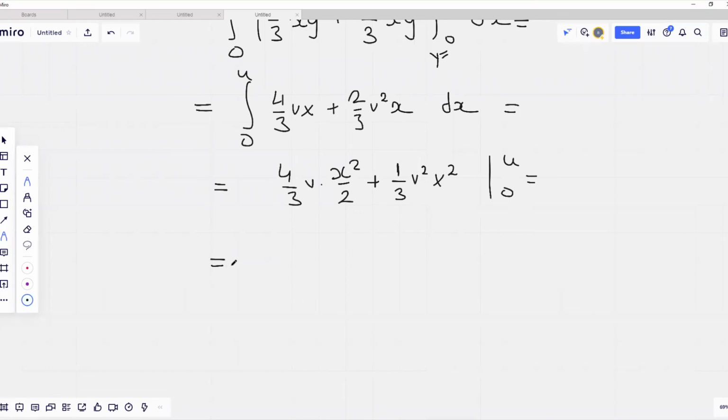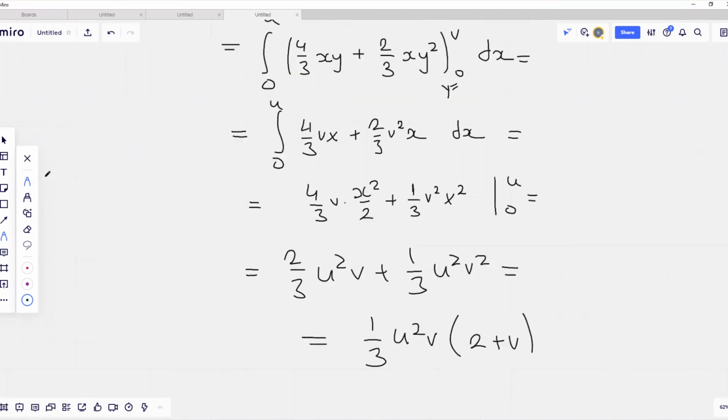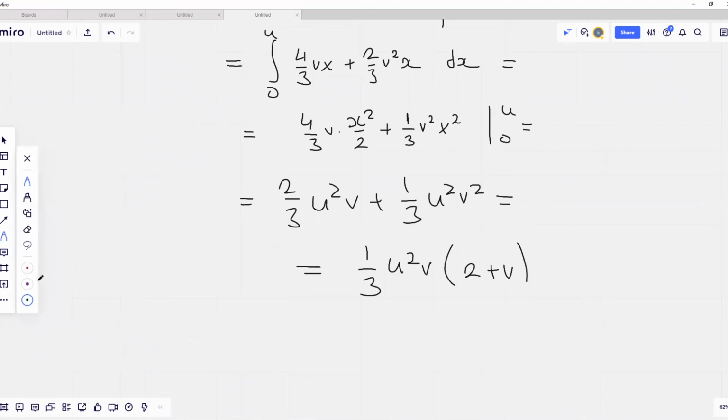Now this is equal to 2 over 3 u squared v plus 1 over 3 u squared v squared. Factoring out 1 over 3 u squared v, we have 2 plus v. So this is our CDF of random variables x and y at point uv.